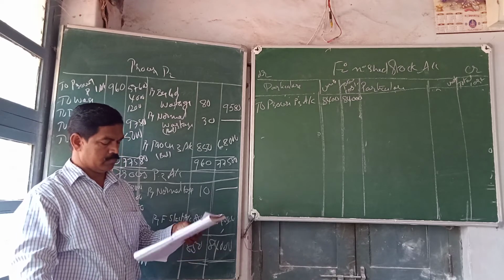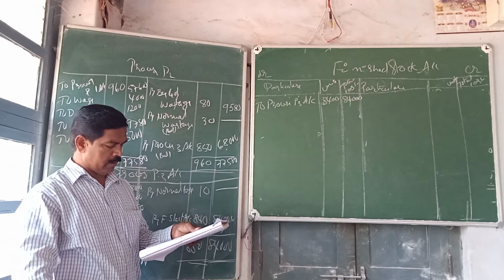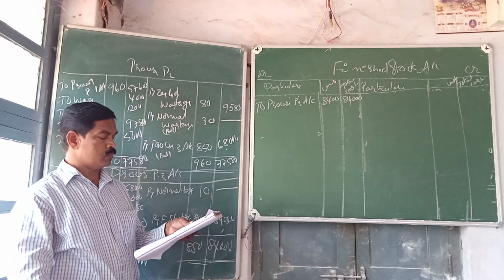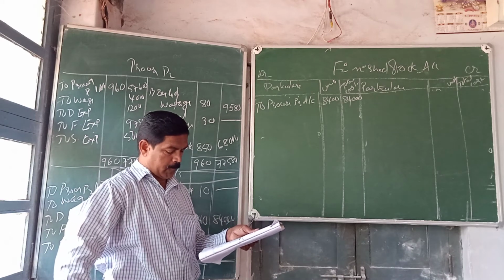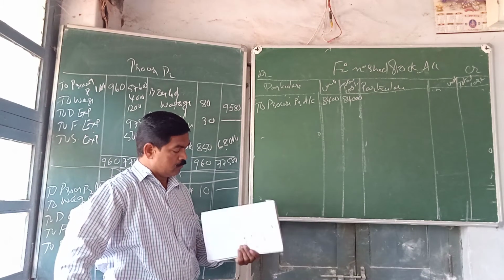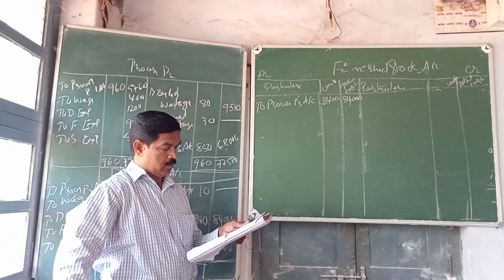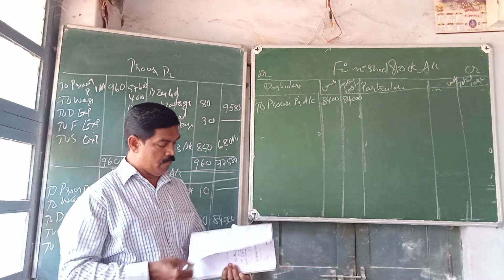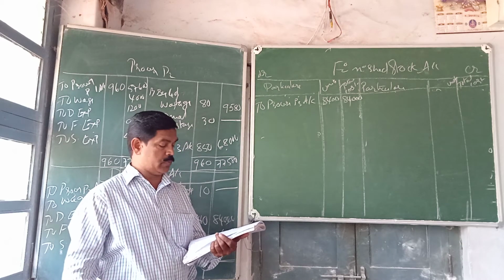Then from P1, say finished stock account, 240 units transferred.